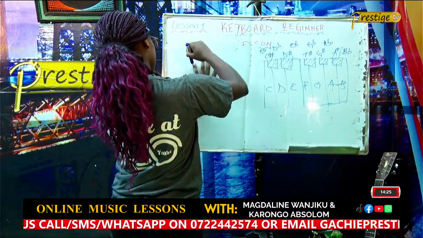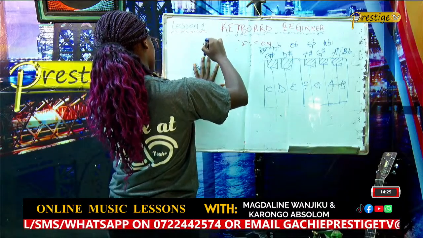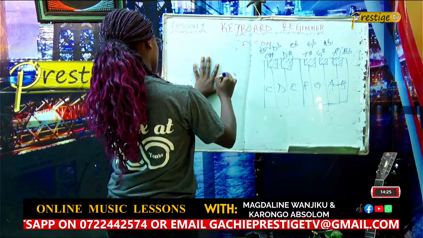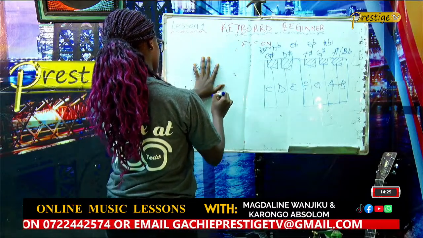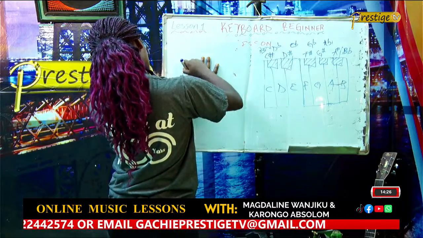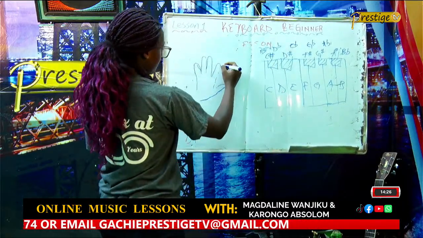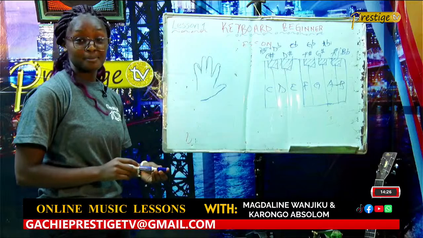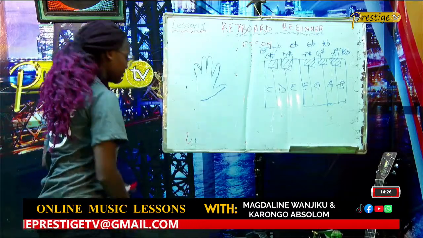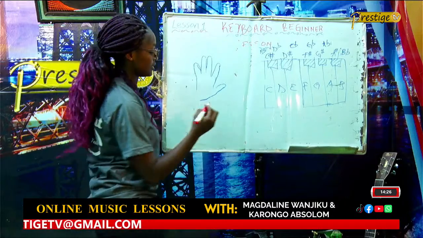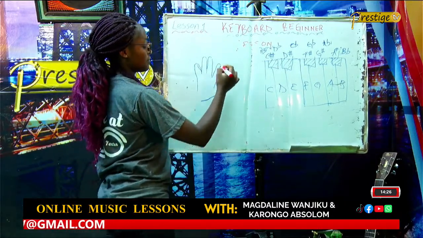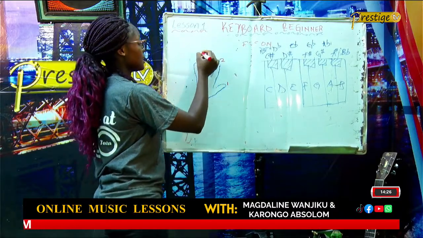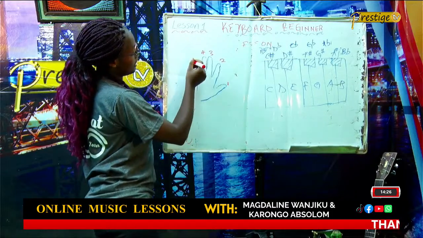This is my left hand. You've got 5 fingers, but there are 8 notes. So this is how you name them. Your thumb is the first finger. Then your index finger is the second finger. The third finger is the middle finger. Then the ring finger is the fourth. And then the pinky is the fifth.